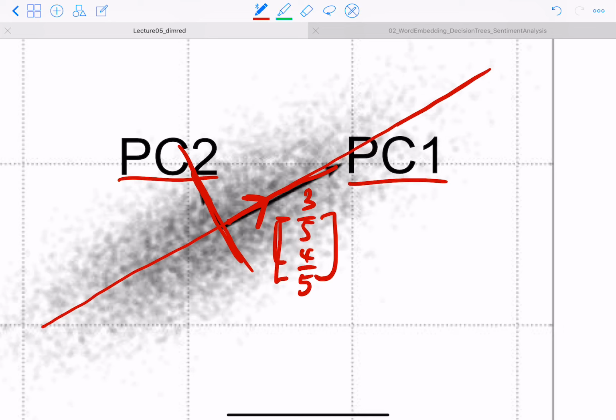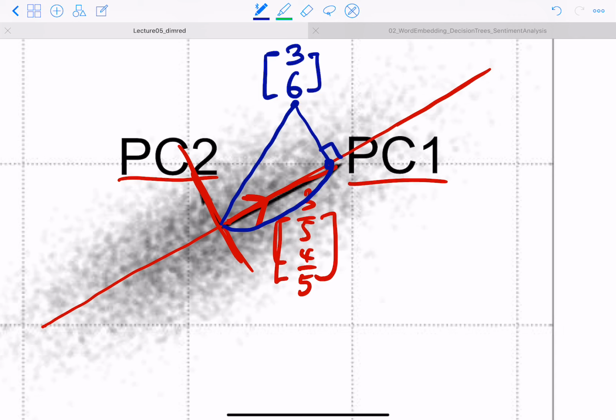If we have this point, the first dimensional coordinate is computed as this orthogonal projection and its length along this direction. Suppose this point is (3, 6).